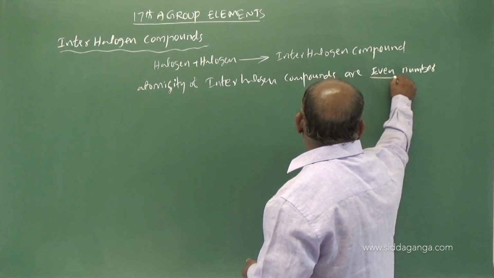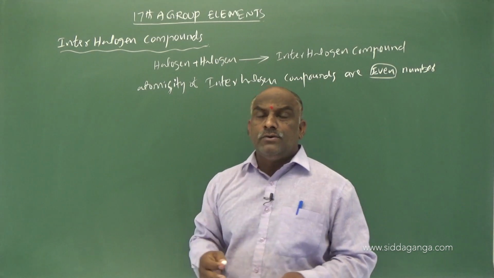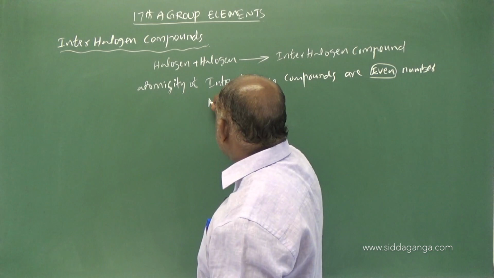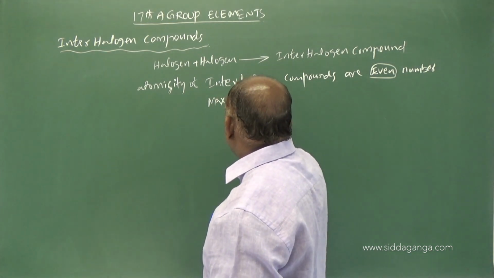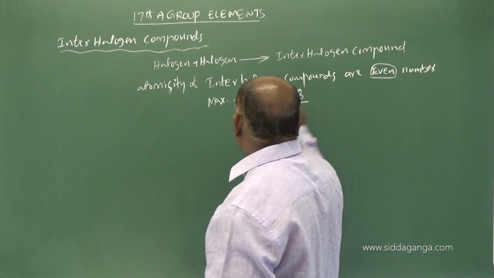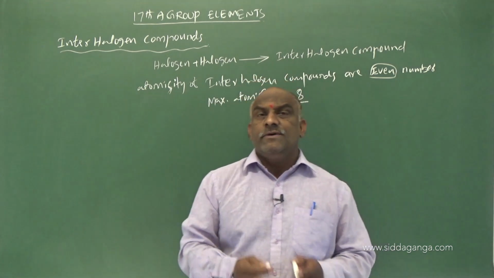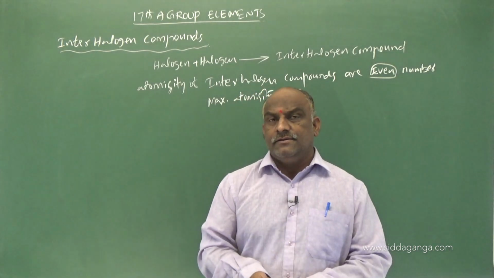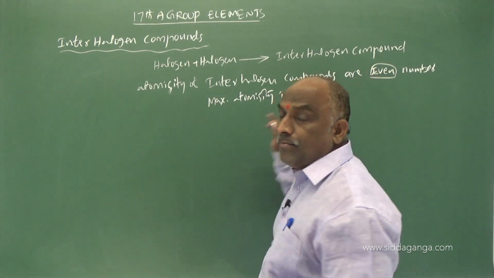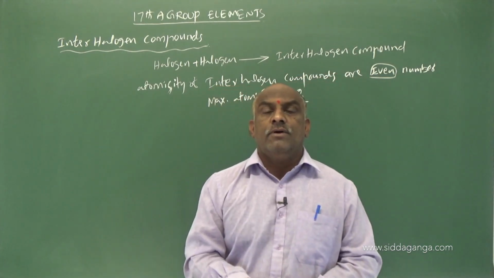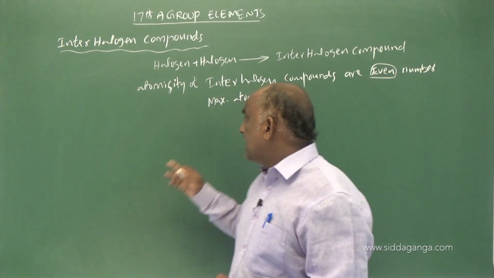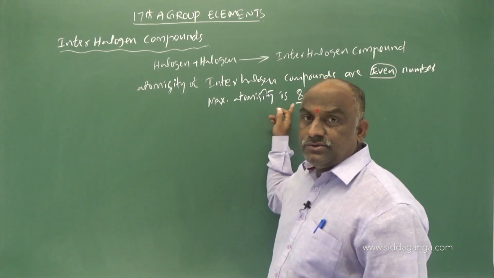Even number only, and the maximum atomicity is 8. Atomicity of interhalogen compounds is even number only, and the maximum atomicity is equal to 8.